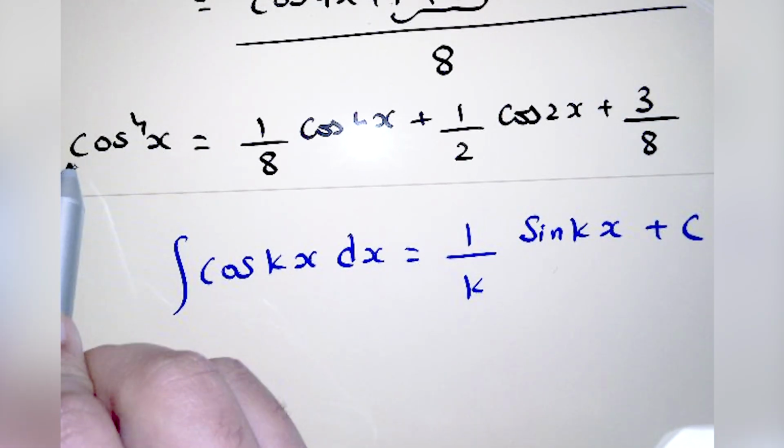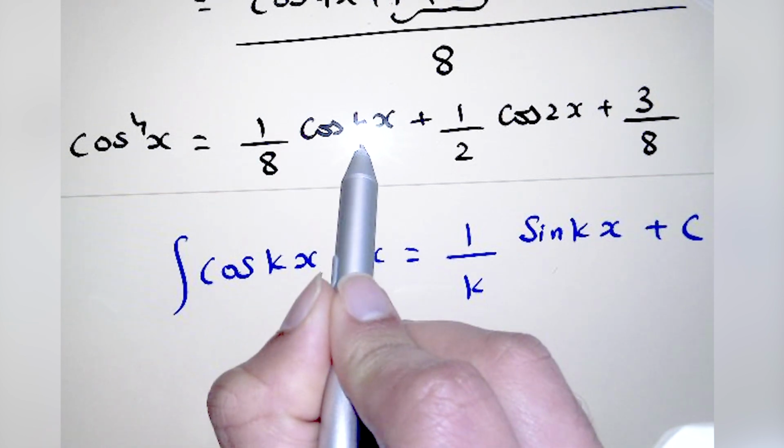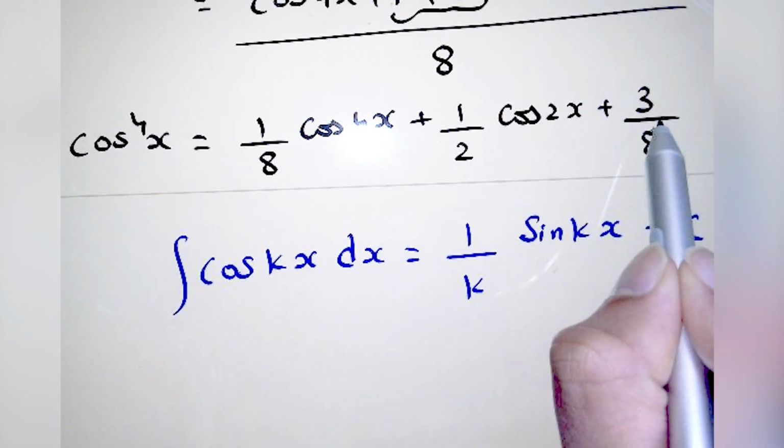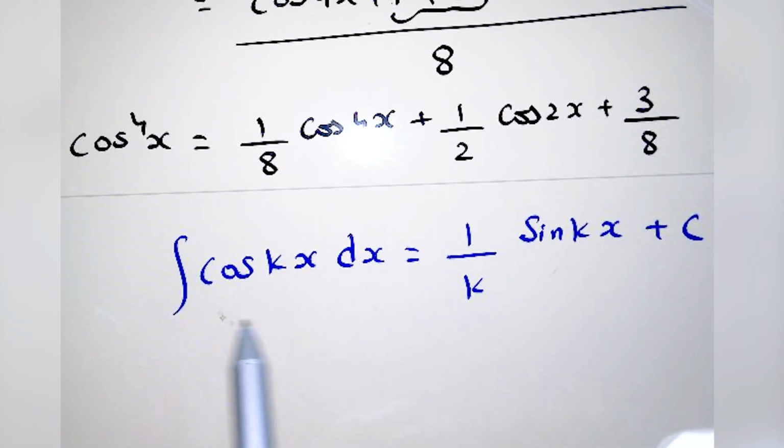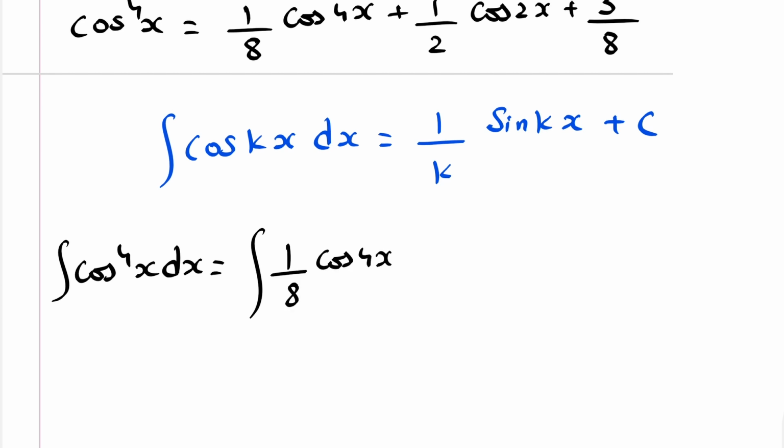For cos power 4x, we can plug in 1 by 8 cos 4x plus 1 by 2 cos 2x plus 3 by 8 and use this particular formula, integral of cos kx dx. So let's just do that. Integral of cos to the power of 4x dx can be written as integral of 1 by 8 cos 4x plus 1 by 2 cos 2x plus 3 by 8.